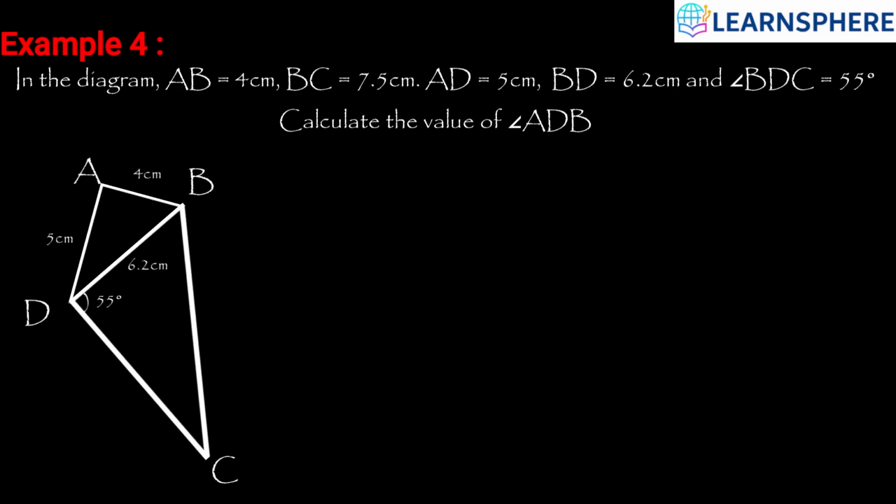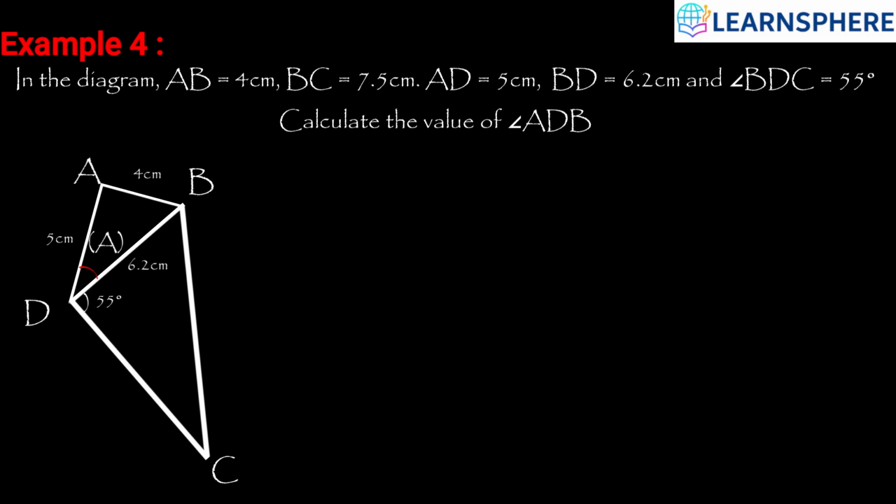Let's go on to the third example. We have the question of, in the diagram, AB equals 4 cm, BC equals 7.5 cm, AD equals 5 cm, BD equals 6.2 cm, and angle BDC equals 55 degrees. And we are asked to calculate the angle of ADB. In this question, in triangle ADB, we know all the sides, which are 4, 5, and 6.2, and we are asked to solve for angle ADB.